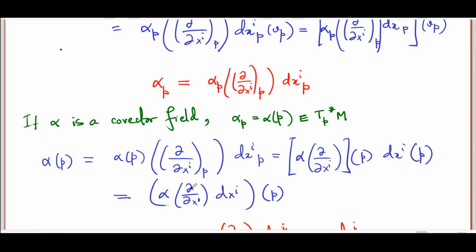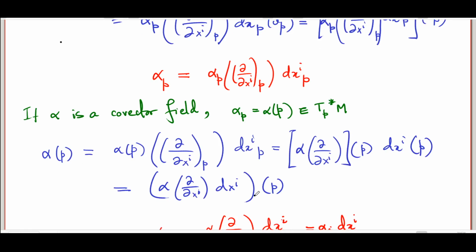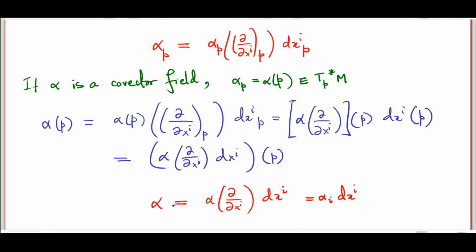It's a function times dxi, the coordinate differential, at the point P. Since this P can be any point, what we have is a covector field can be expanded out in terms of the coordinate differentials in this manner. Alpha is alpha acting on del xi, dxi, and alpha acting on del xi are a bunch of n functions which we denote by alpha i. So every alpha can be written down as alpha i dxi, and the functions alpha i are nothing but the result of the covector field acting on the ith basis vector.